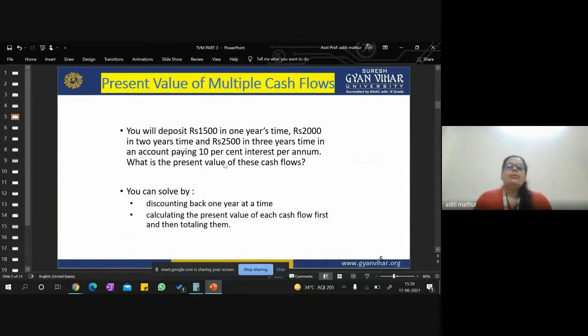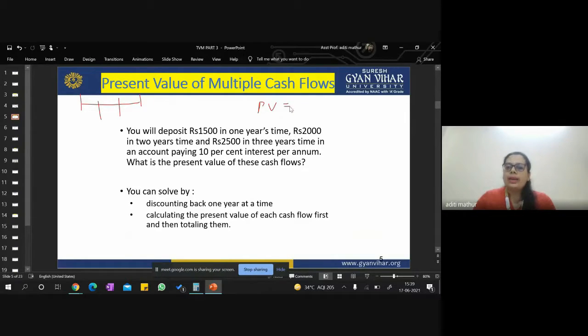So let's now calculate the present value. We have studied the future value. Now let us learn how to calculate the present value of multiple cash flows. Same again, you'll be drawing the timelines and using the formula. Now this time, which formula will you be using?